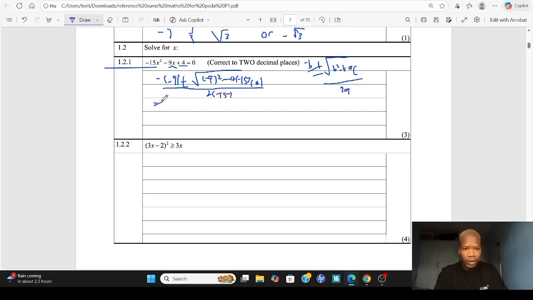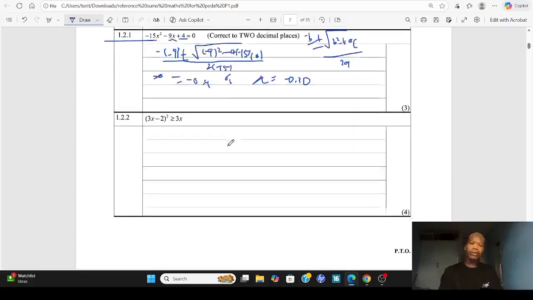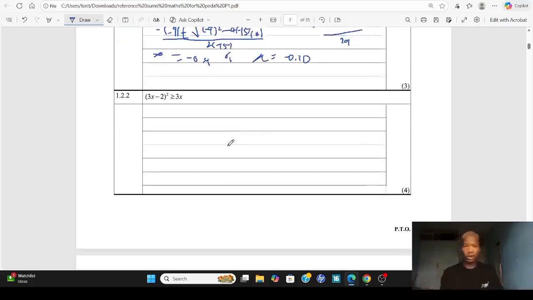So our solutions are x equals minus 0,9 or x equals minus 0,30. So those are our solutions.